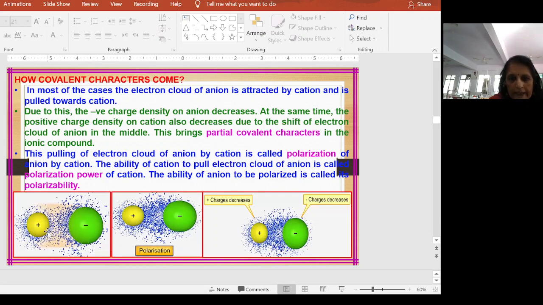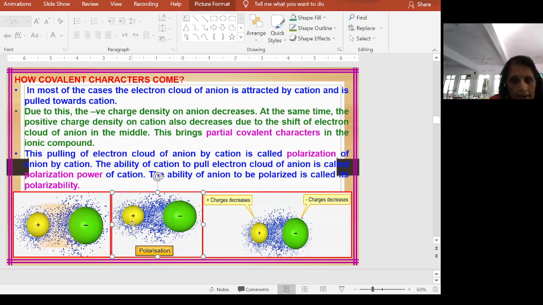Which will pull greater? The ion which is smaller in size will have more capacity to pull, because the nucleus is very near. So the smaller the ion, the more capacity it has to pull the electron cloud towards itself. Now, as you know, an ionic bond is due to the transfer of an electron from one atom to another. When it starts pulling, it will develop a covalent character in the molecule. That is what we are saying, the development of covalent character in an ionic bond.